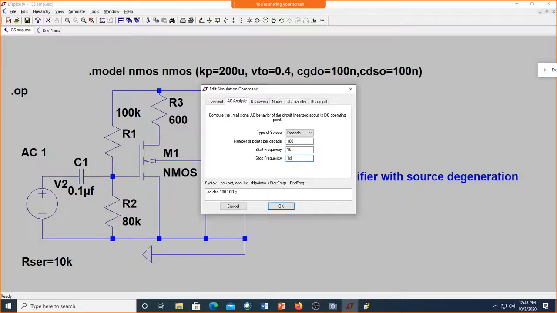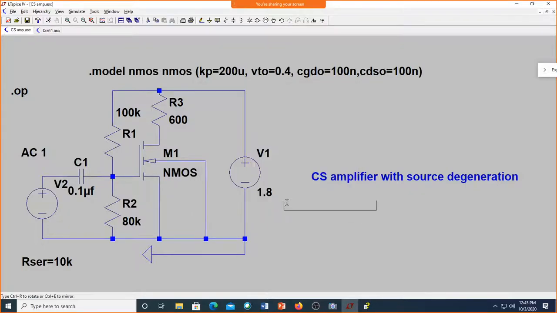Either capital or small, it is 1 giga. Now I'm doing a frequency response from 10 Hertz to 1 gigahertz with 100 points per decade.